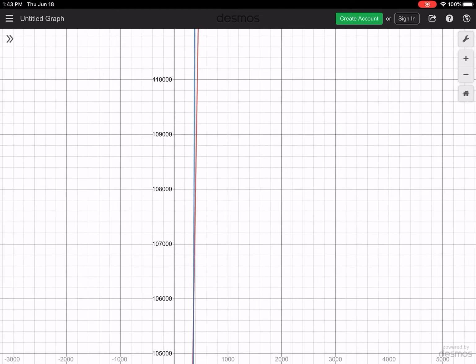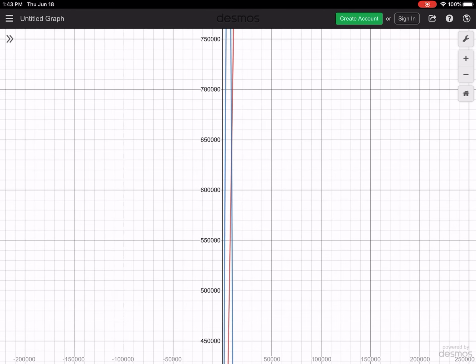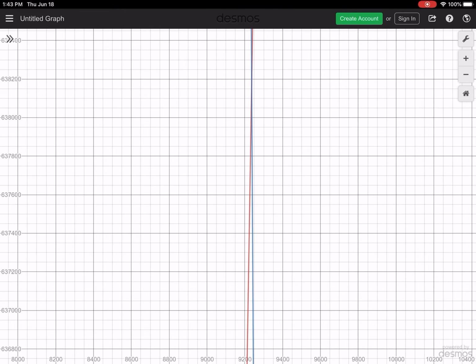So actually zoom out. I'm going to go up. It's going to be way up here. There it is. So I'm going to zoom in. There is that point.